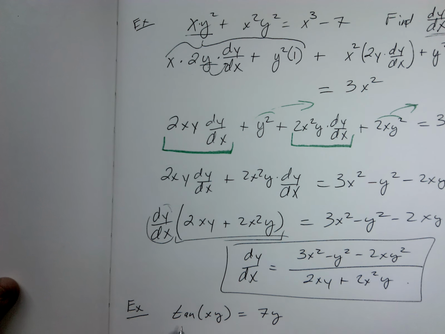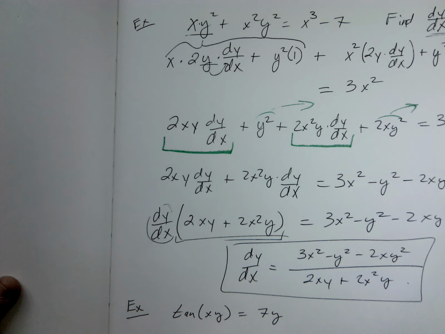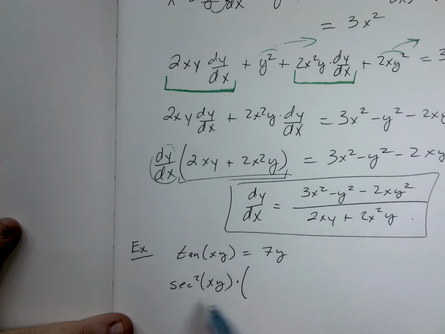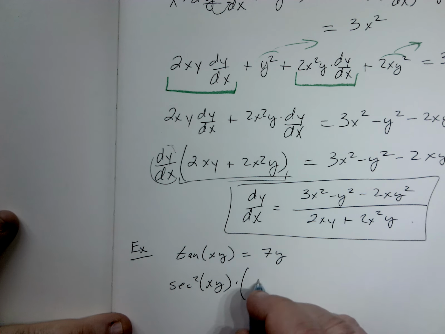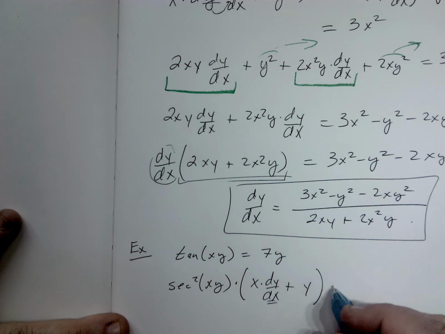To find dy/dx, I've got the derivative of tan of something. Well, that gives me secant squared of that thing. But then I need to multiply by the derivative of the inside. And the derivative of xy is, well, I've got the first times the derivative of the second, dy/dx, plus the second times the derivative of the first, and the derivative of x is 1. So now my dy/dx is locked inside of parentheses. So I'm going to have to bail it out in a minute.